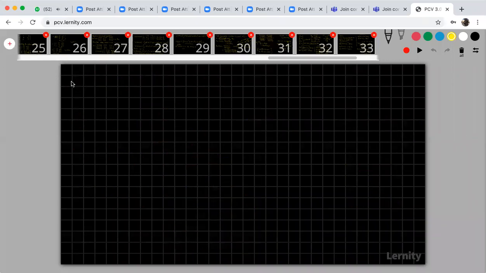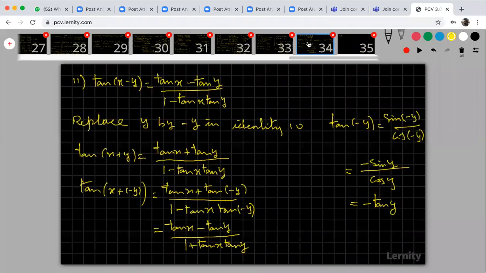Come to the next one, that is the 12th one. Yes, the 11th identity also has the same condition, because we are using the 10th identity.